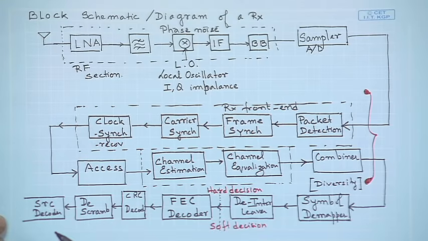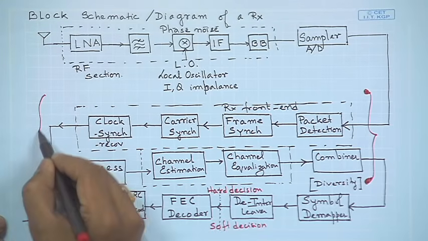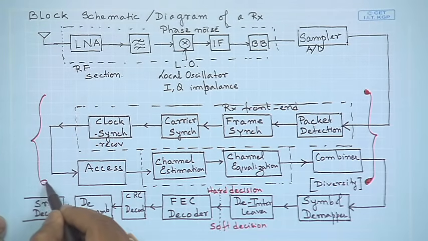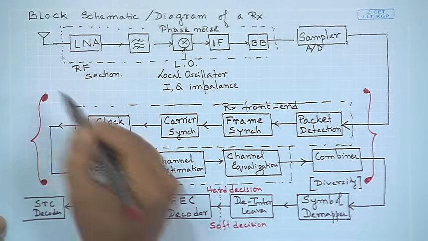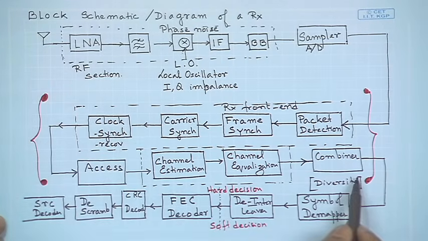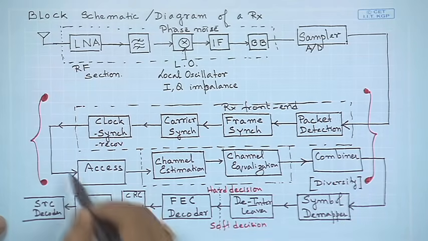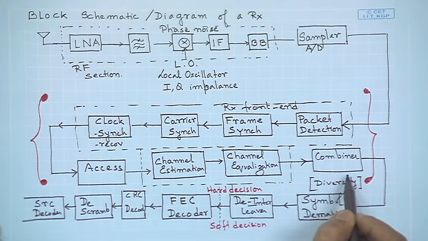And in our course of study, we are going to go through these blocks one by one, because if a receiver does not have these, it will not be able to do proper symbol demapping, deinterleaving, or all this process. Whereas the transmitter goes through the reverse of this path, but these all are necessary because the receiver is at a different location.